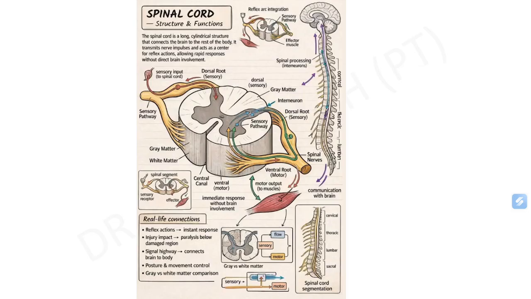Now, once you look at this diagram, you will realize that this is a transverse section image. It's a transverse section or a horizontal cut section of the spinal cord. Now, this particular spinal section has various parts.